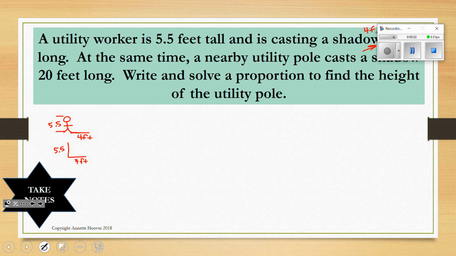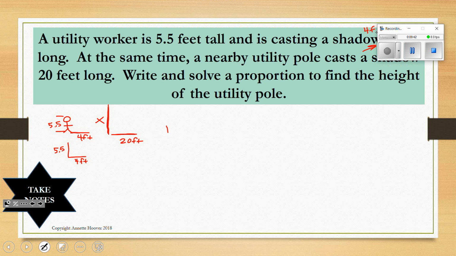A nearby utility pole casts a shadow. So we have a pole, and its shadow is 20 feet long. So when we draw it like this, we can tell that when setting up the ratio for the man, we can set it up with his height to shadow.